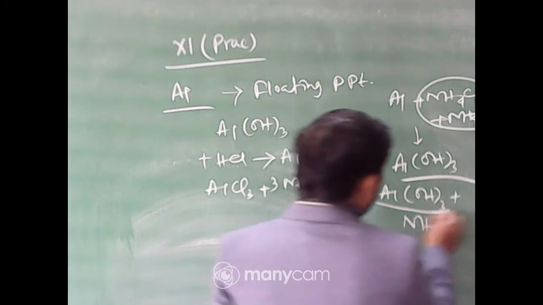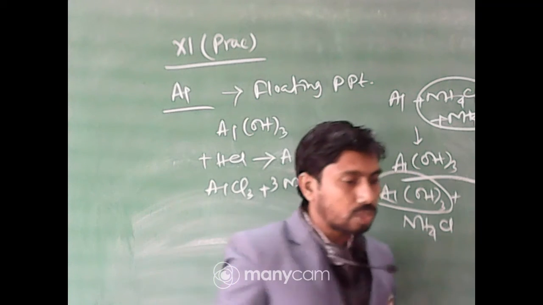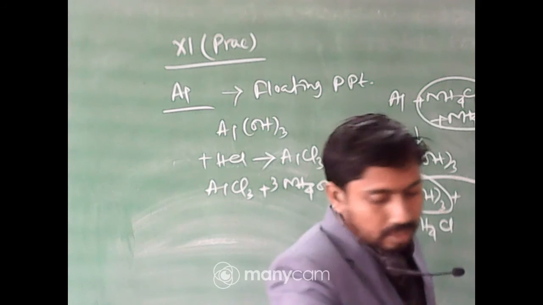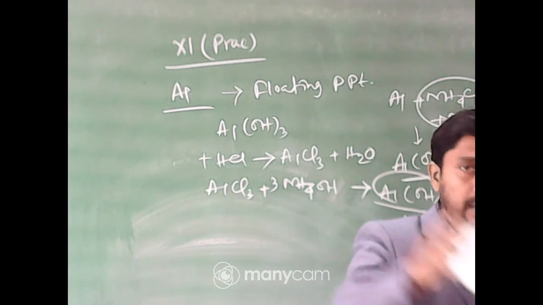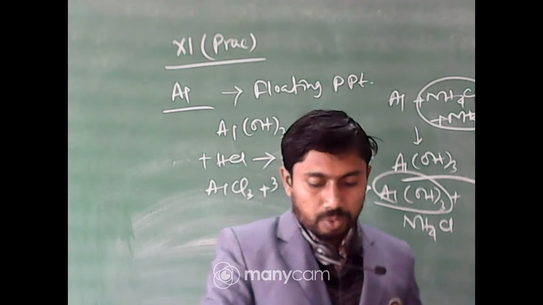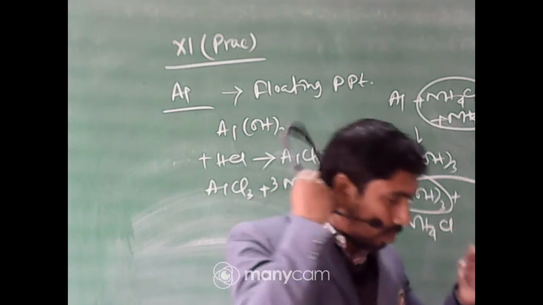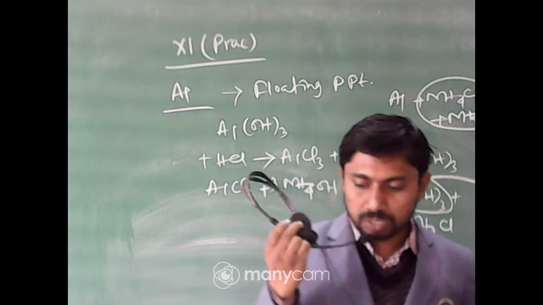So, this aluminium hydroxide will float over. For this we will first take the sample. Okay, this is the sample. Now, you have to take it in a test tube. Now, just give me 1 minute to bring the reagent.